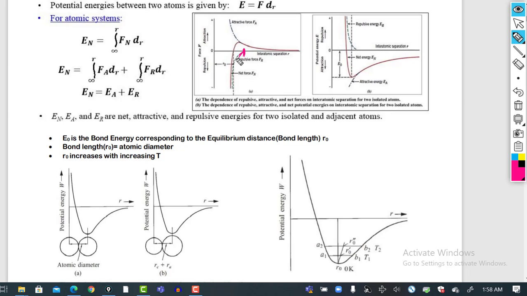So the repulsive force increases drastically and rapidly. Its slope is very high, and the attractive force increases slowly. Now if you combine these two curves, we get the net curve, or net force. Initially when r is large, the attractive part is dominating.